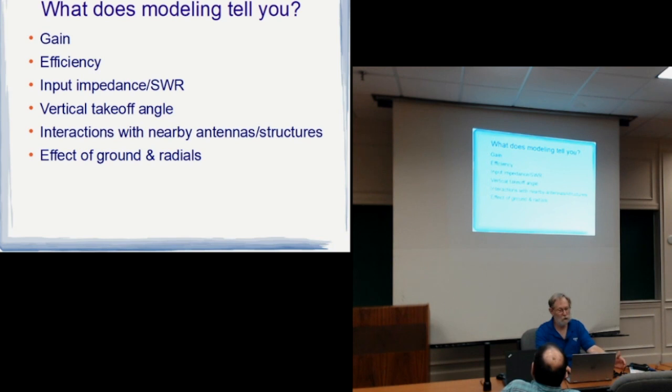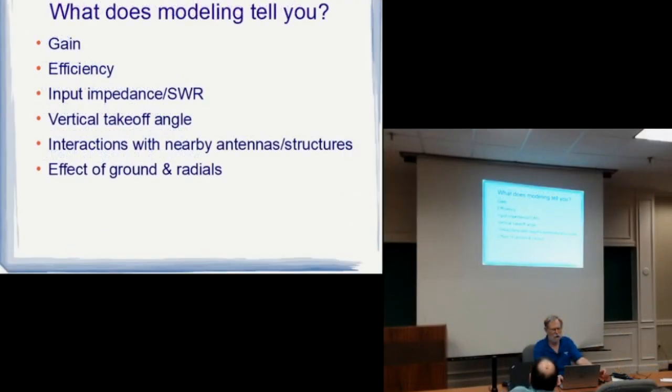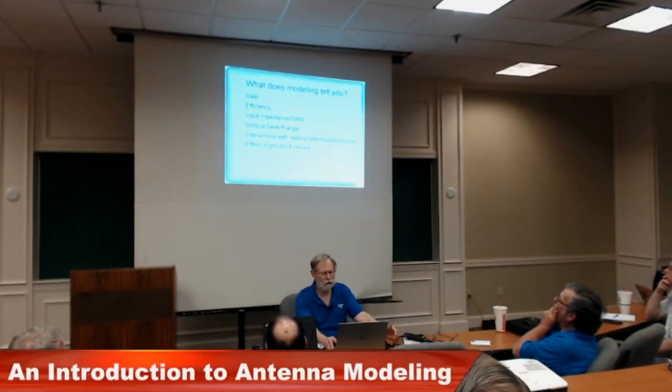It can tell you what the input impedance is or what the SWR is likely to be if you feed it with a certain kind of feed line. It can tell you stuff like vertical takeoff angle, which can be important if you're interested in working DX. It can tell you about interactions with other nearby antennas or structures, and that can be important.